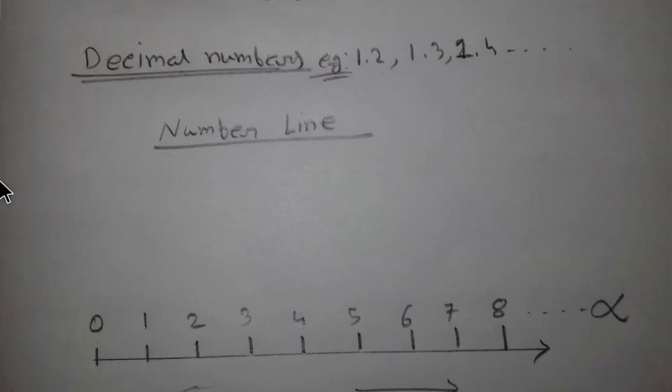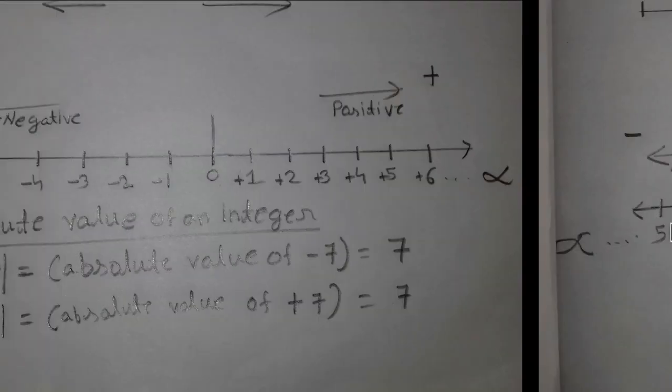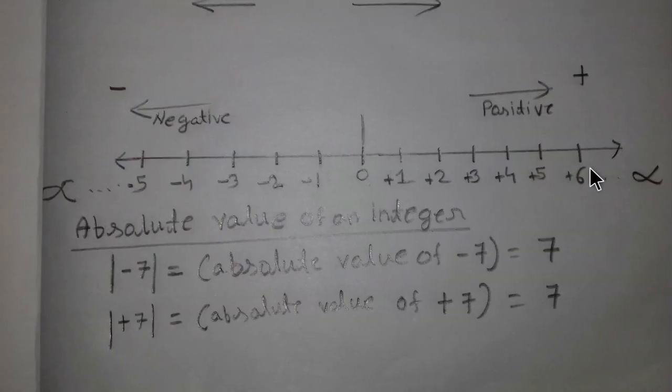But in case of integers, you will have the numbers with sign. So this is the basic definition of integer numbers: the whole numbers with signs are integer numbers. So that's why they are also called signed numbers.